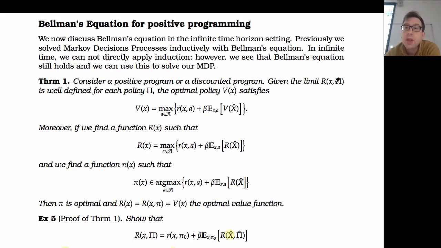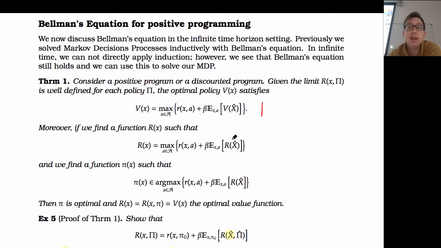Given that the reward of a policy is well defined, so it's a nice finite number, and the optimal policy satisfies the following recursion, which is this Bellman equation here, and we'd proven that last time. We did a sequence of arguments that proved that the optimal value function v satisfies this Bellman equation.